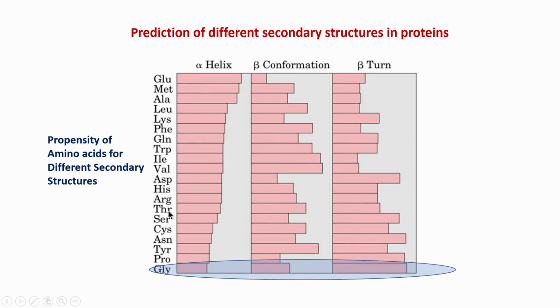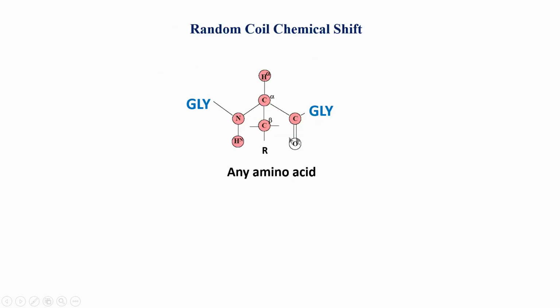This has to be calculated, but not every time. It is normally done and already tabulated in the literature. If you go to any internet website, you will find a lot of this information on random coil chemical shifts of different amino acids.